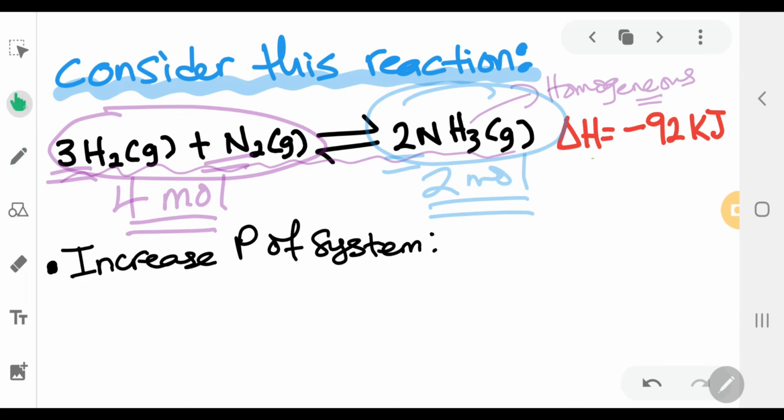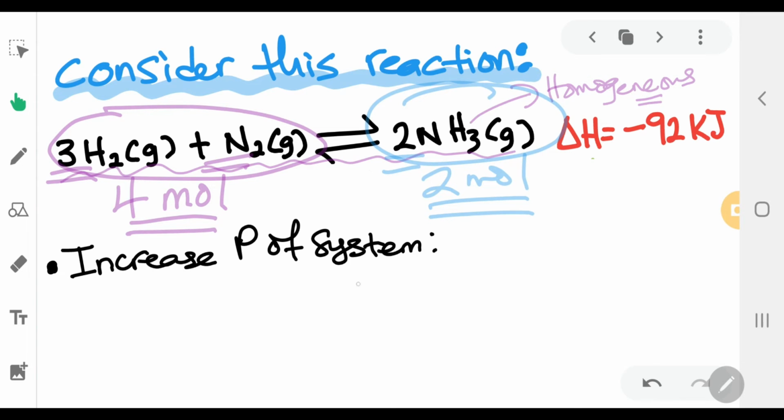When we increase the pressure, the system will try to counteract that stress by shifting to make the fewer number of moles of gas, to reduce the effect of the increased pressure.